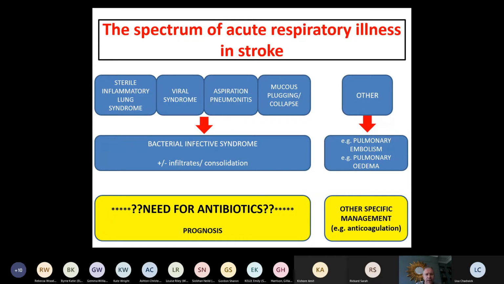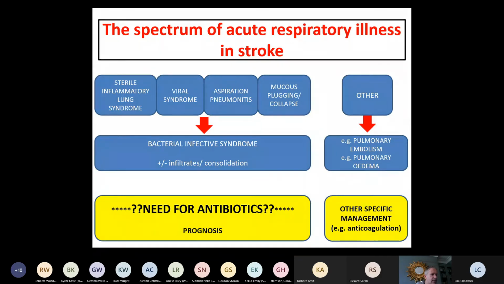Increasingly, we might consider whether it's not so important whether we think pneumonia is present per se. For example, are there infiltrates on the chest x-ray, or do people meet particular criteria? But it may be that we should be considering patients as whether they have an antibiotic requiring syndrome or whether they don't.